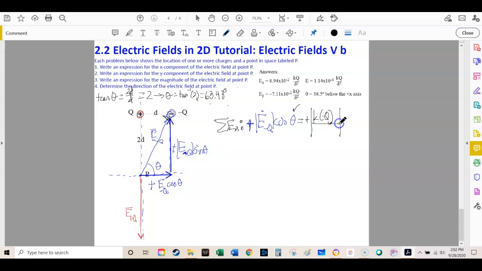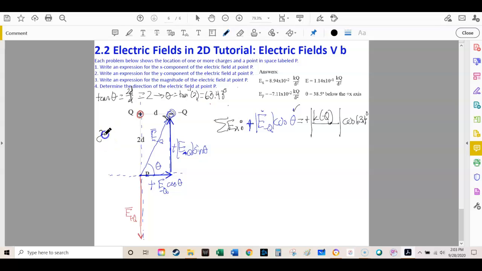So, let's just go ahead and finish writing cosine of 63.4 degrees. Anyways, we have to figure out the distance that negative q is from the point P. Well, that distance is going to be c, so c squared equals a squared plus b squared.